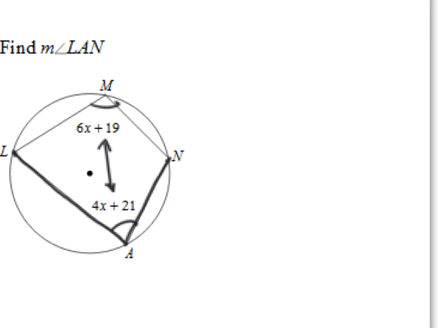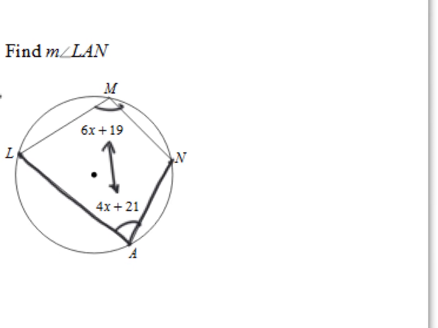So let's start with LAN. That's going to give you 4x plus 21, plus 6x plus 19 is equal to 180.